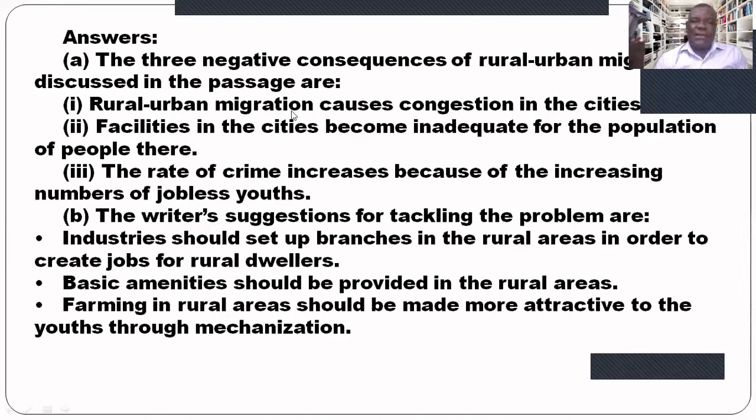I, rural-urban migration causes congestion in the cities. As I said, you can put it in your own words. If you ask 10 persons to present a single idea, chances are they may present it in 100 different ways and yet capture the main idea. One of the features of language is creativity. Language is creative.